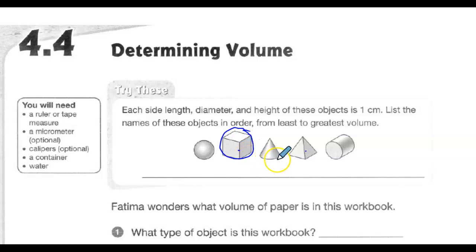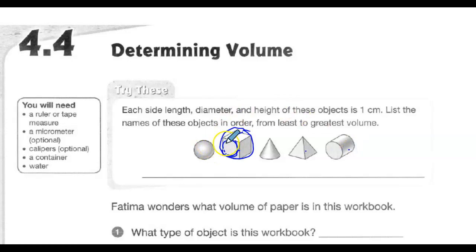If we think about the cylinder, that cylinder is going to fit in there. There's a circle kind of thing, and then it goes all the way along there. It's probably going to fill up the second most. But then if we compare that to a cone with the same base, the cone is 1/3 of the cylinder.